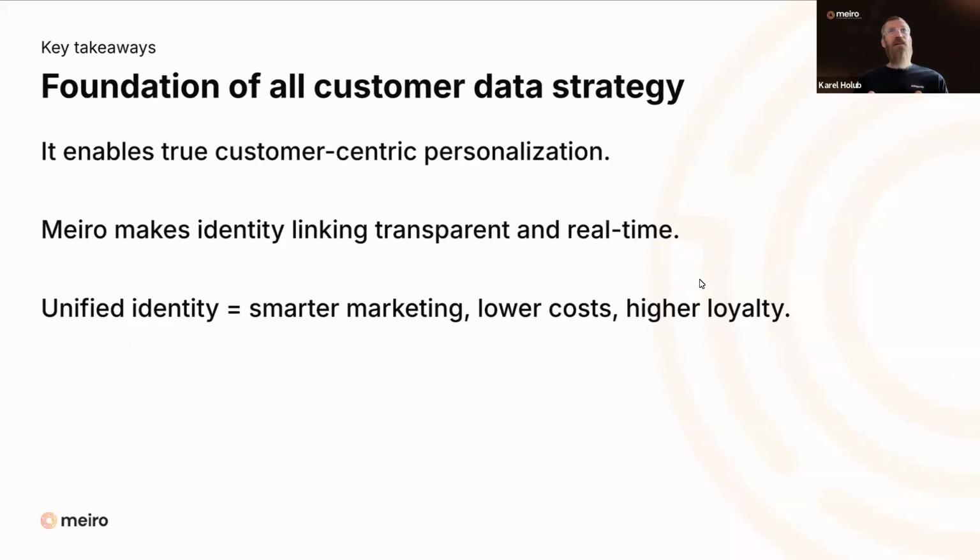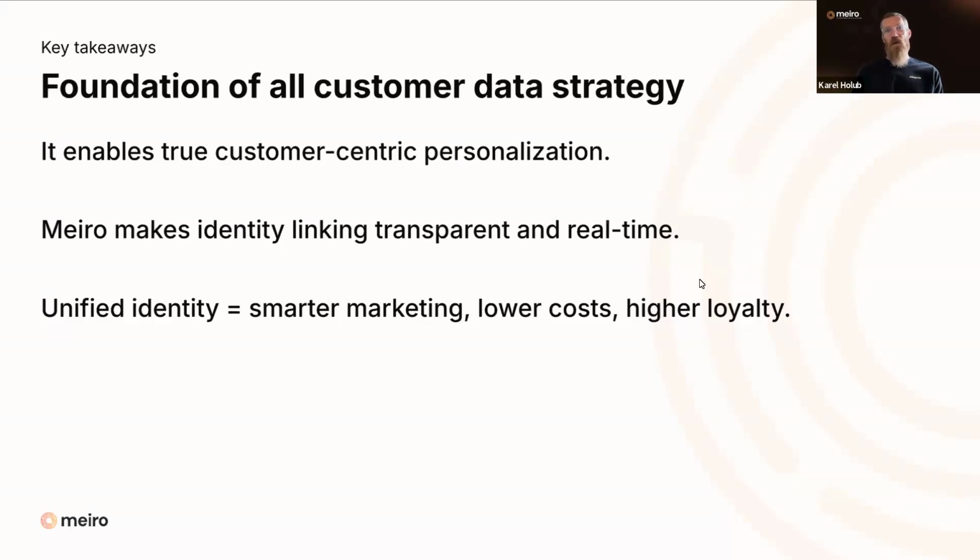So the key takeaways before I go into use cases: data strategy or identity management as such enables true customer-centric personalization. And I would add, it does so with consent compliance in mind. Meiro makes identity linking really well configurable.